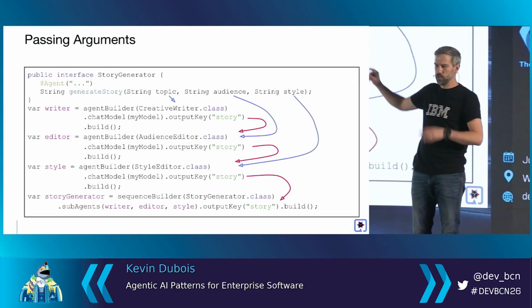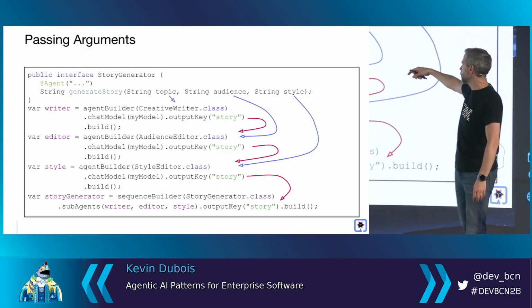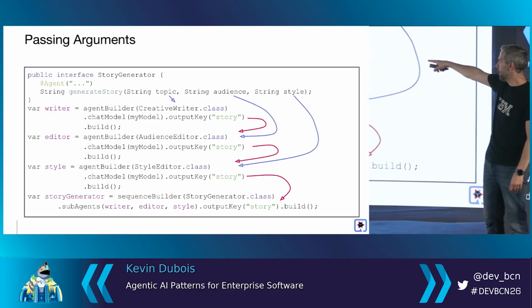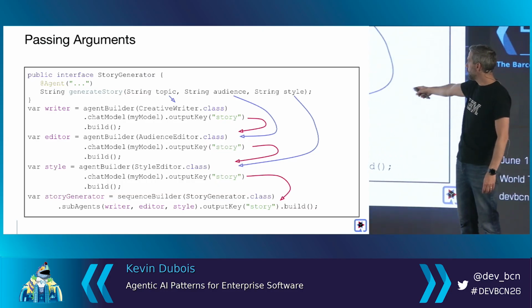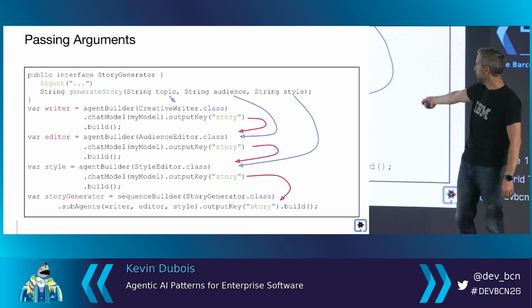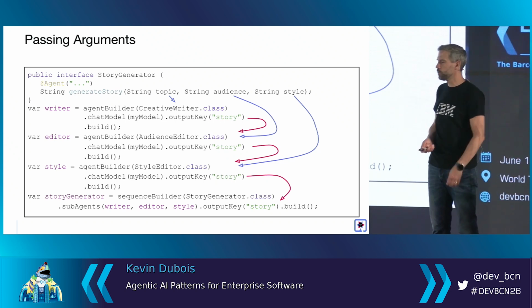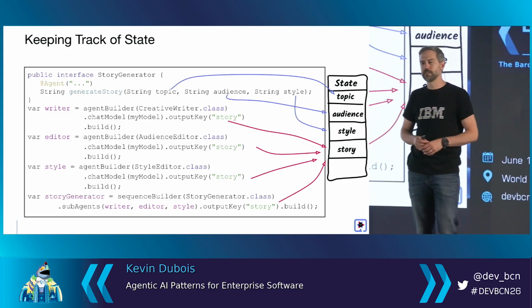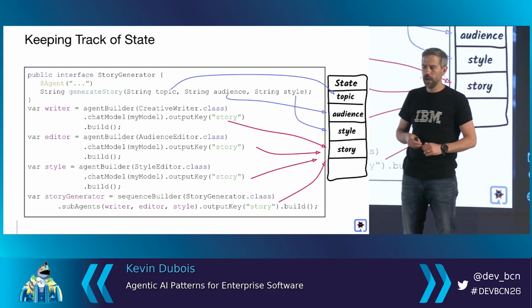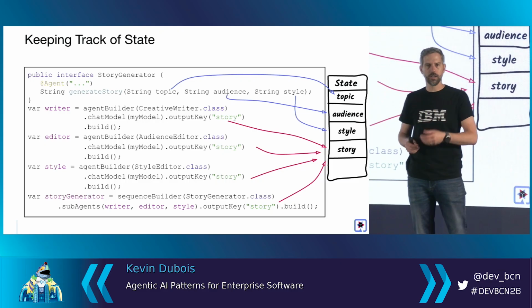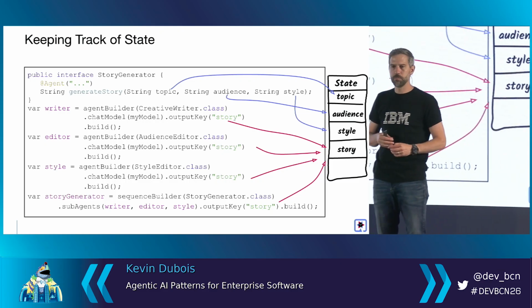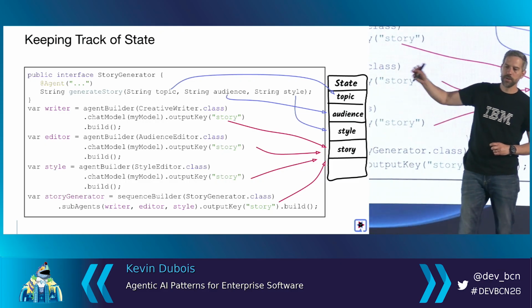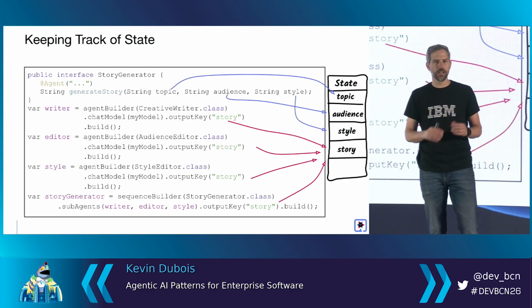And so basically, you can see here the passing arguments, as we showed before: topic that goes to the creative writer, the audience that needs to go to the second, and then the style that needs to go to the third agent. And so basically, to keep track of these parameters, you need to have some sort of a key value store, right? So to keep track of the state, where the topic is going to go, the audience and style, those are the inputs.